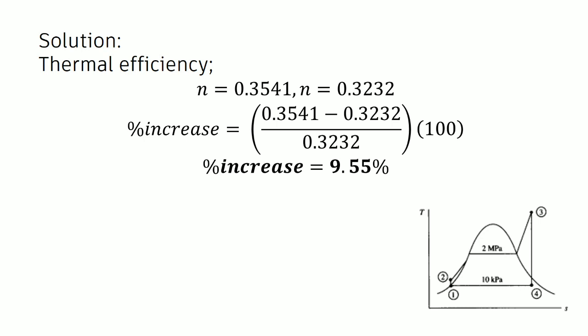We need to subtract both efficiencies all over the initial or first efficiency, 0.3232, multiplied by 100. So we now have the answer, the percent increase in the thermal efficiency of the boiler to be 9.55%.